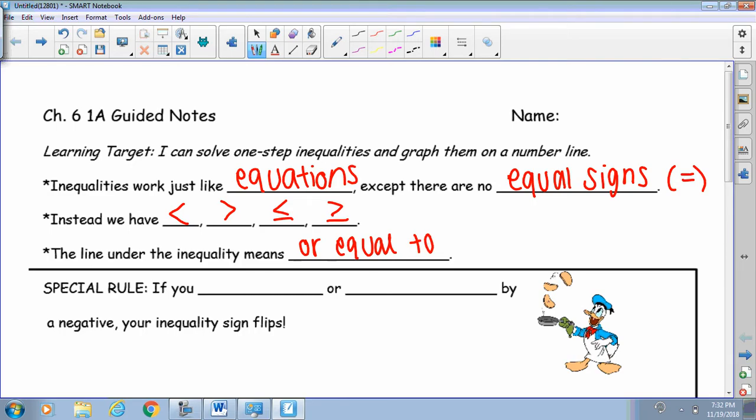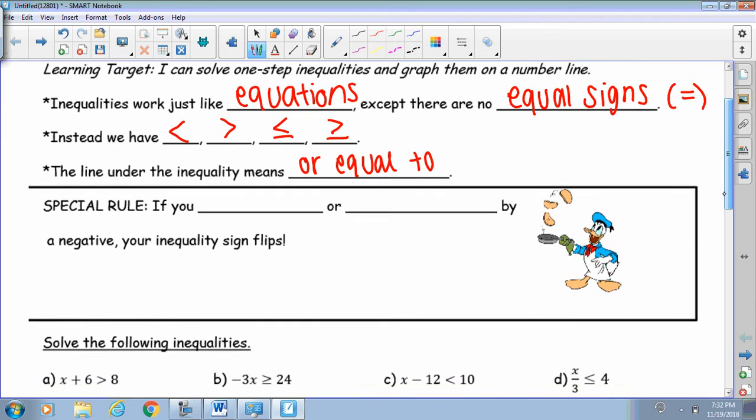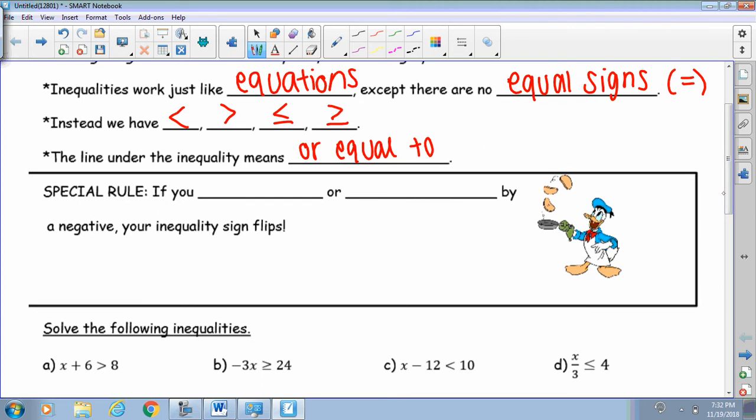Like I said, solving one-step inequalities is just like solving equations, except there's a special rule. If you multiply or divide by a negative number, your inequality sign flips.